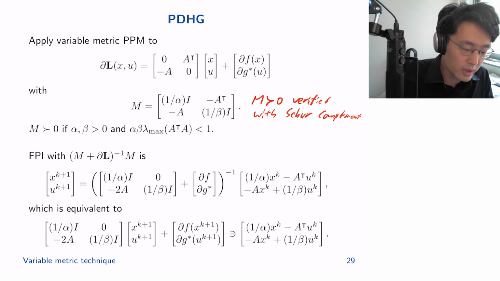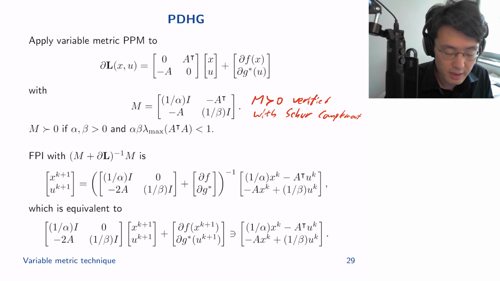Then in the next part, we need to apply this inverse. So to do so, let's add M with the saddle subdifferential. So the saddle subdifferential has this part with the subdifferential of the convex function. So that just goes here. But then interestingly, the matrix M and the skew symmetric component of the saddle subdifferential simplifies in this way.